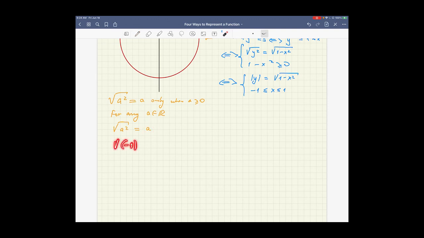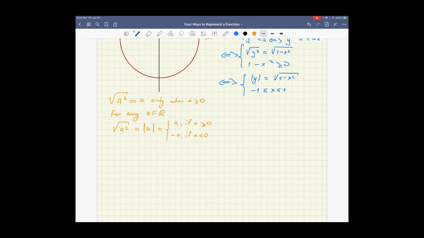Root of negative 1 squared equals negative 1. It cannot be, because square root is never negative. So what you want to write is absolute value, and that's a if a is positive or non-negative, and negative a if a is negative.